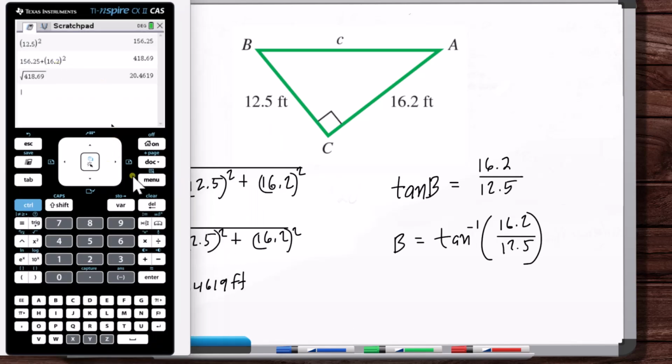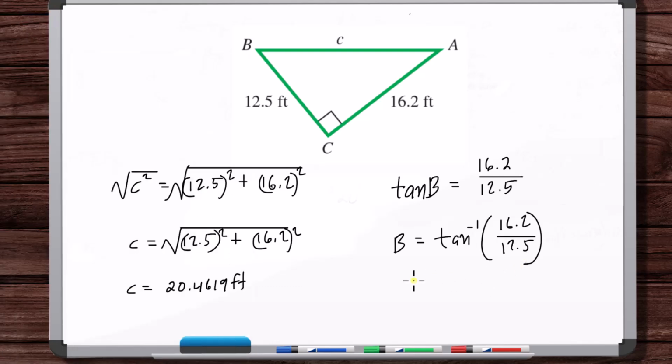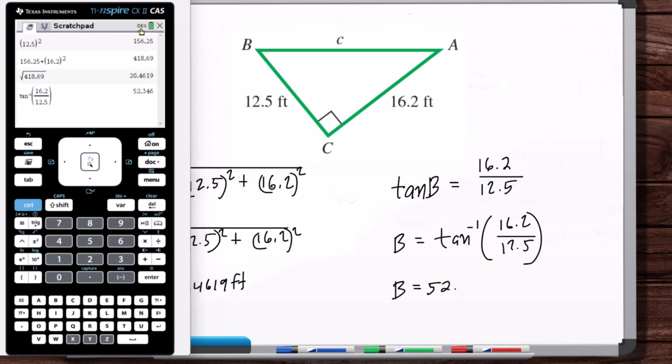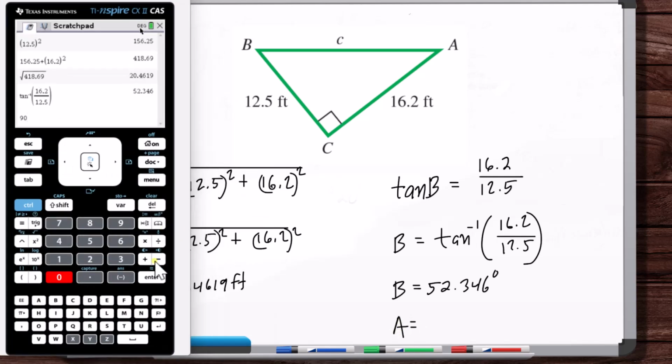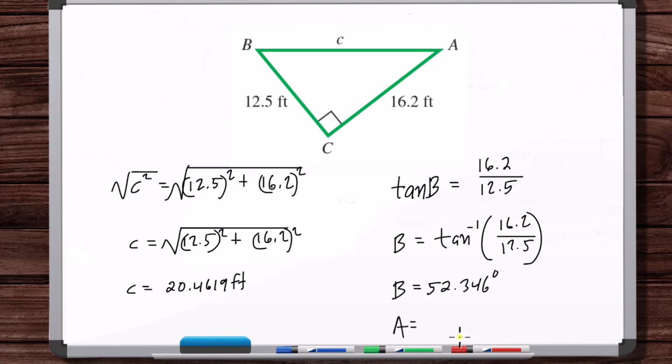That's what we want, though. Okay, so inverse tangent, 16.2 divided by 12.5, 52.346. Was it 346? Yeah. And we were in degree mode, so it's in degrees. Now we just subtract this from 90. So 90 minus this is 37.654. And there we go.